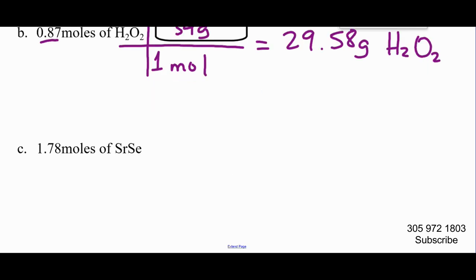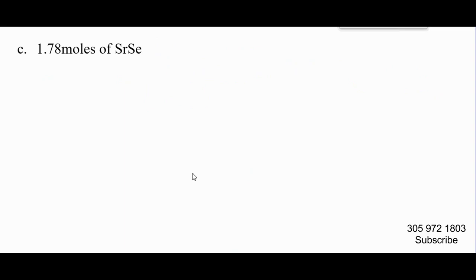Part C is giving me 1.78 moles of SrSe. Same routine. Okay, I have that. 1 mole to cancel. And now I have the molar mass. Molar mass of SrSe, I found it earlier, is 166.58. I repeat, by this time we should know how to do molar mass.